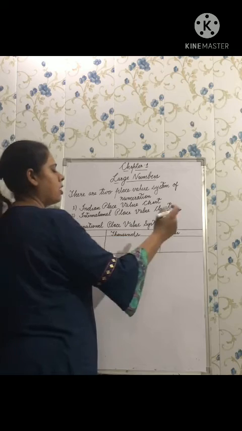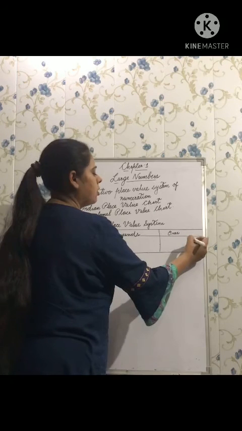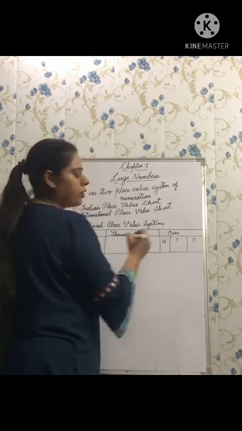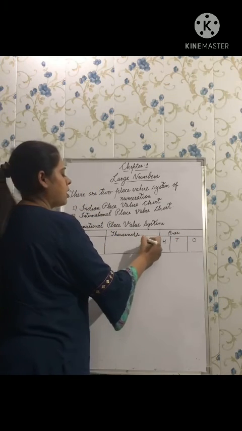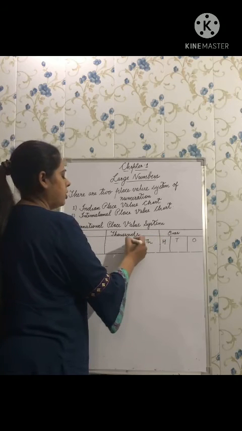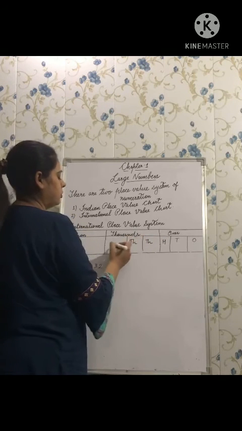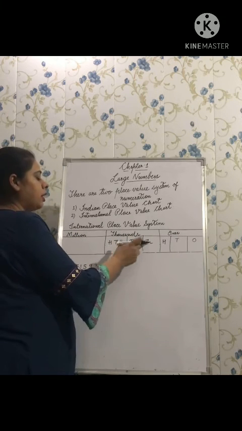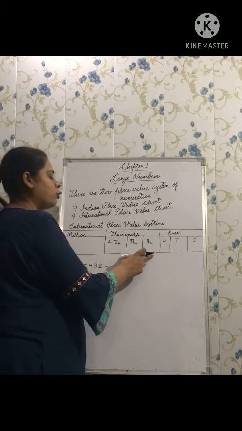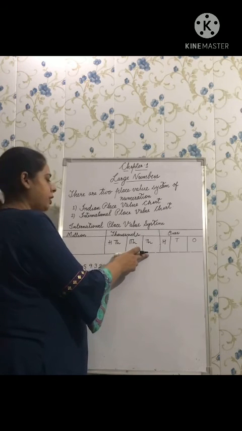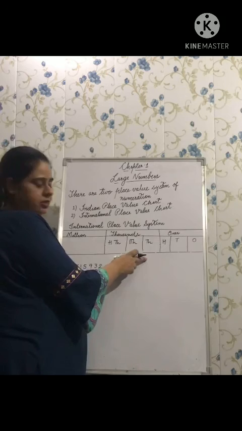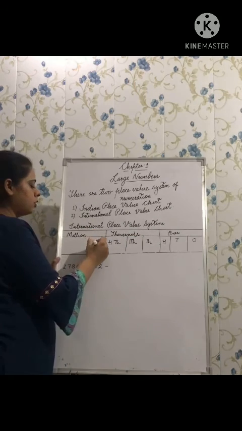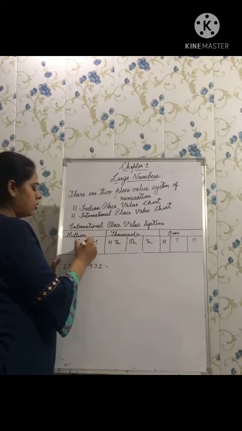These are the periods and their place values are ones, tens, 100, 1000, 10,000 and 100,000. Yes, in the Indian place value system there were only 2 places in thousands, but in the international system there are 3 places in the thousand period. Then million, 10 million and 100 million.